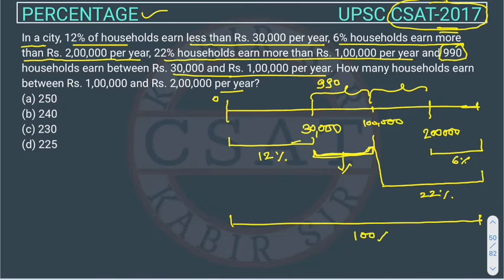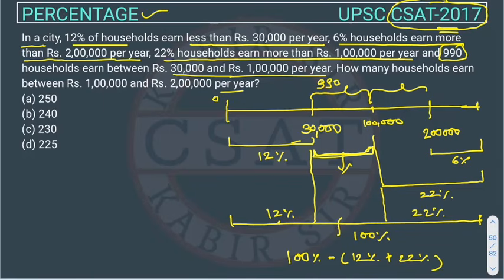Total is 100%. This is given 22%, right? And this is given 12%. So if we add these and subtract from 100, so 100% minus 12% plus 22%.